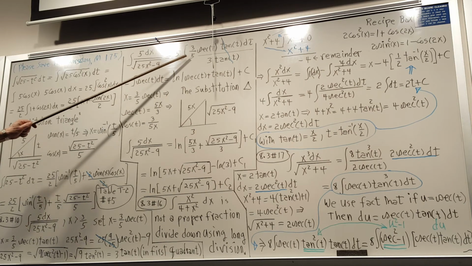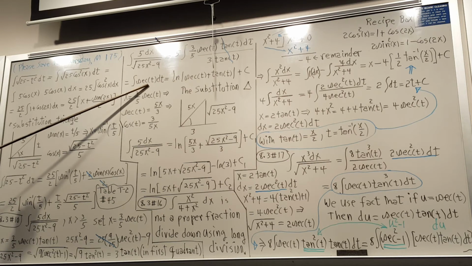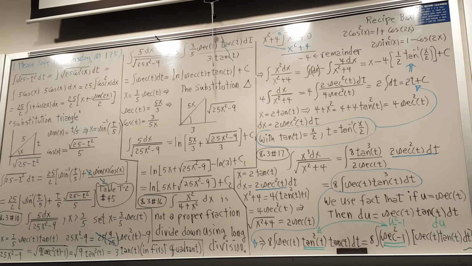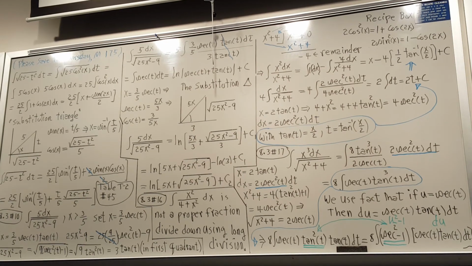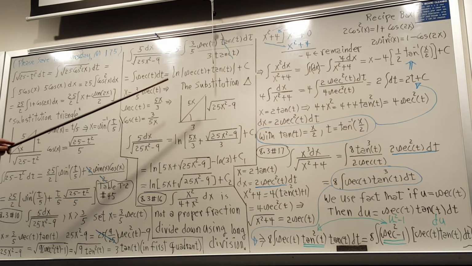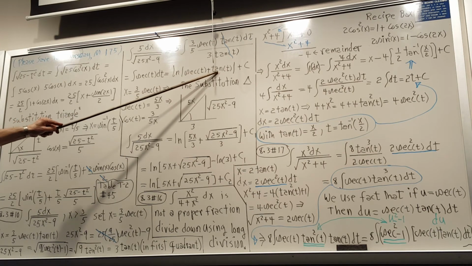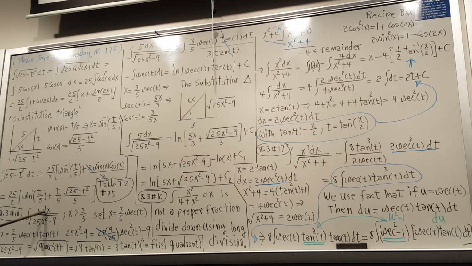And this 5 cancels that one. So I end up with just the integral of secant. And we talked about how you do the integral of secant. Log secant plus tangent here. And so what you have to do now is replace secant and tangent to get back to the x.